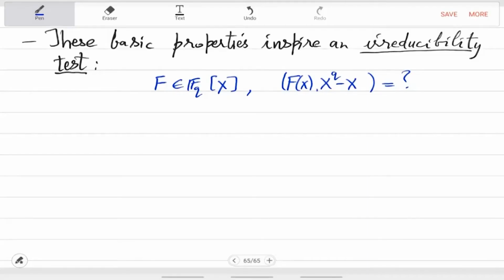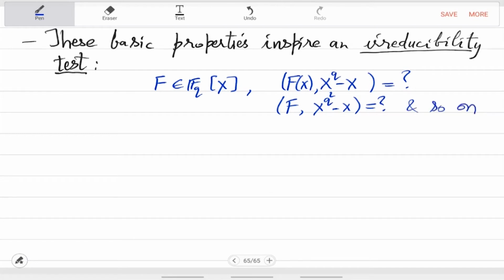Now more interestingly, this test can be extended to cover quadratic factors. So if big F has no root, it may still have a quadratic irreducible factor, right? So for that, the test you will do is x to the q square minus x, and then so on.